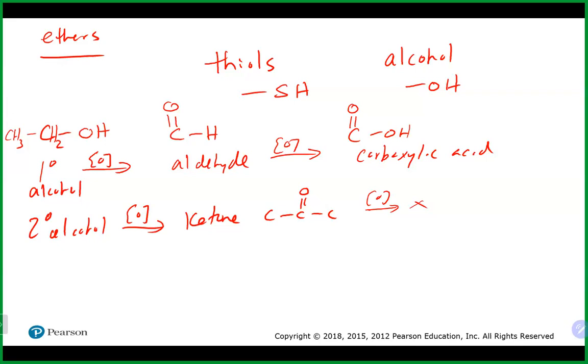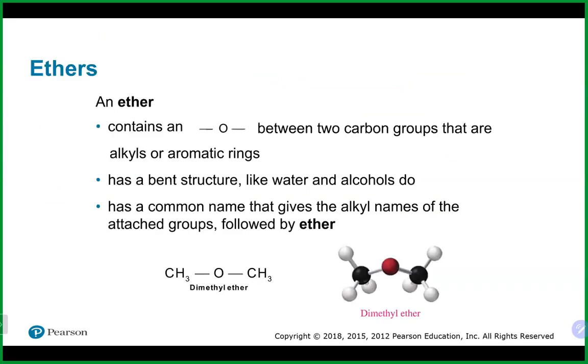So what's left is ethers here, and ethers have the functional group of carbon, oxygen, carbon. So that is basically the functional group of an ether. It contains an oxygen between 2 carbon groups.